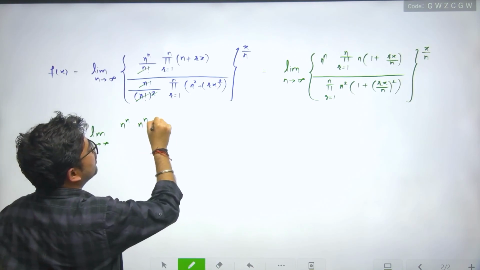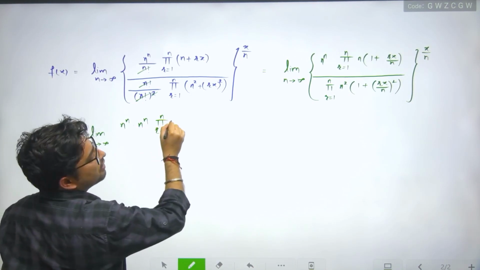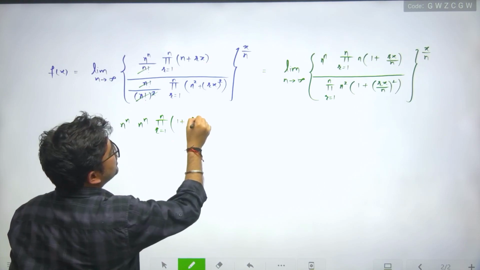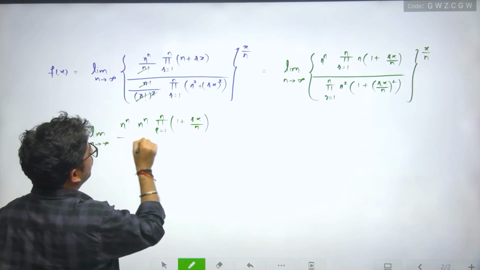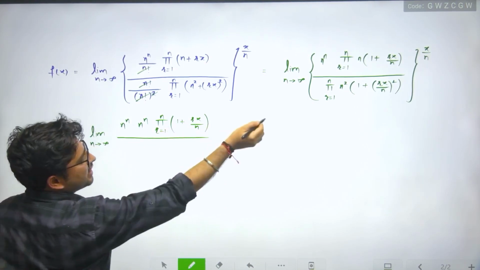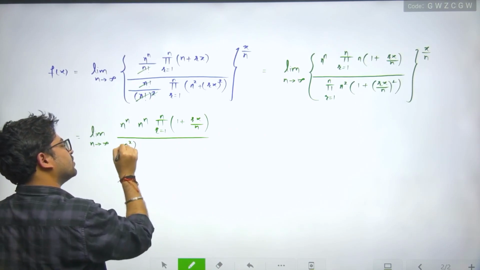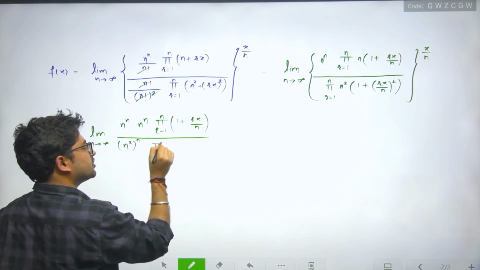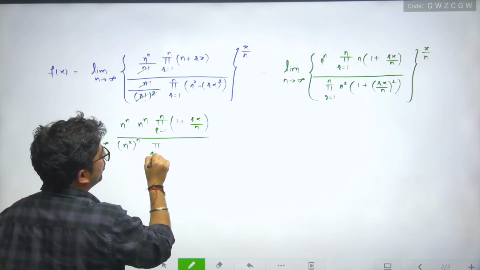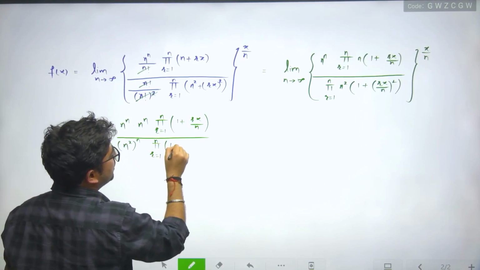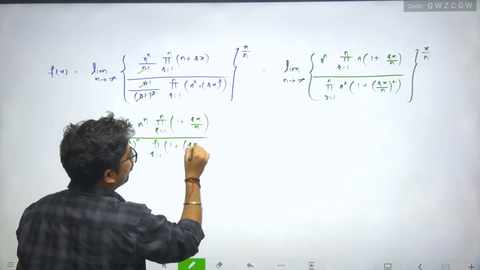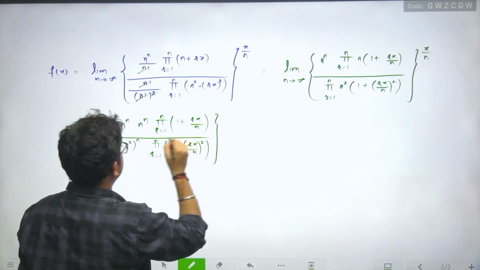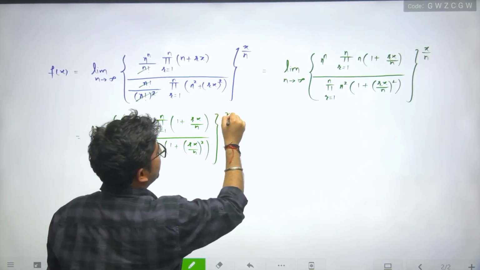And product r equal to 1 to n of (1 plus rx by n), divided by n square n times, that is n square to the power n, product r equal to 1 to n of (1 plus rx by n) whole square to the power x by n.